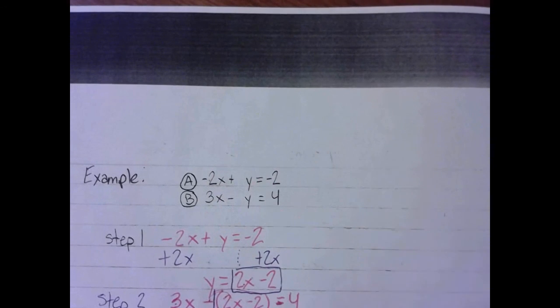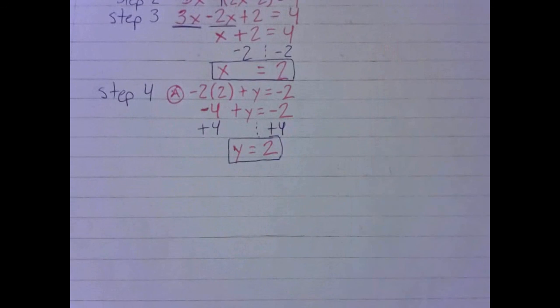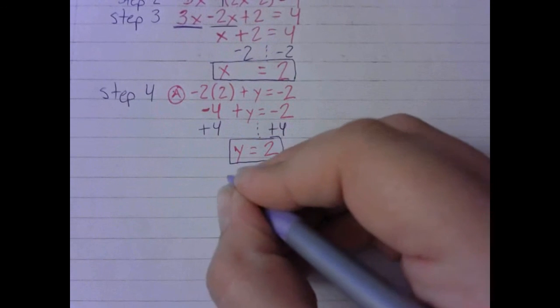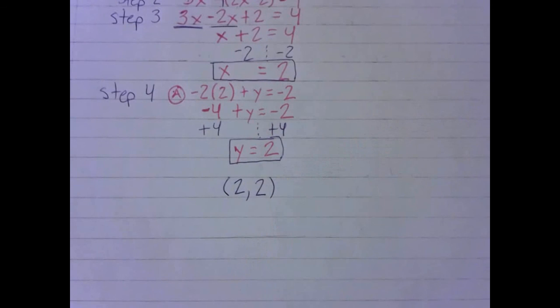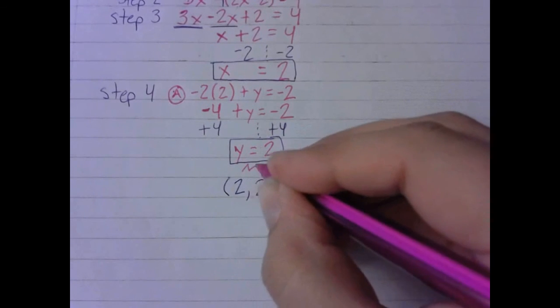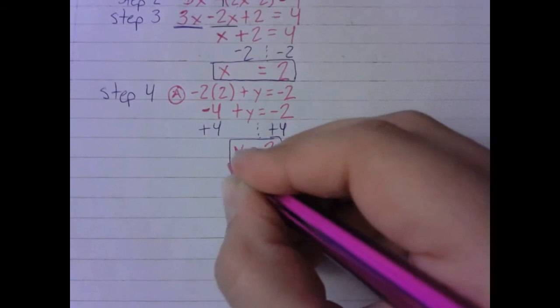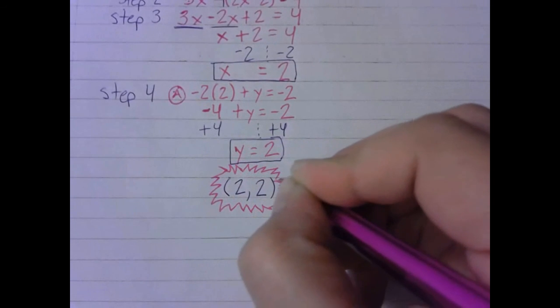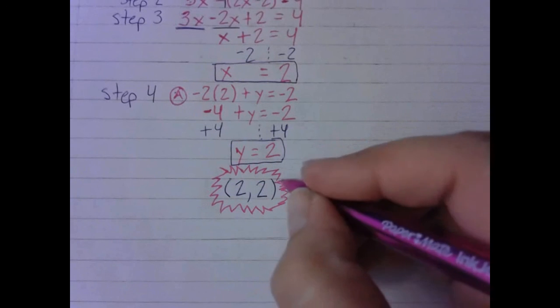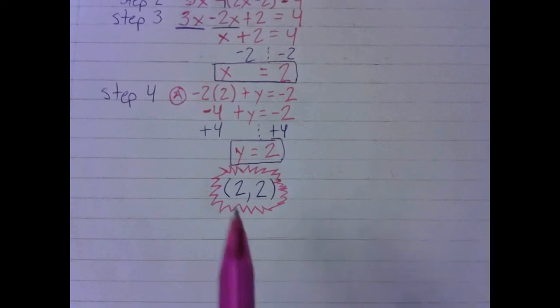And the answer is these two lines intersect, or the solution to this system of equations is at (2, 2). There's our answer, yay! I'm going to be crazy and do a crazy line around it. That's our final answer. So those two lines intersect exactly once at (2, 2).